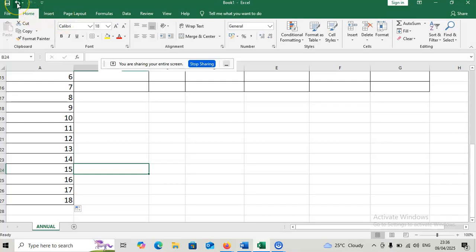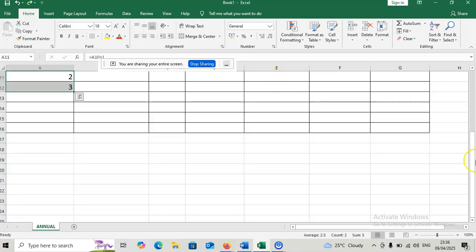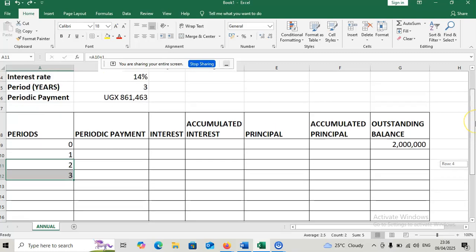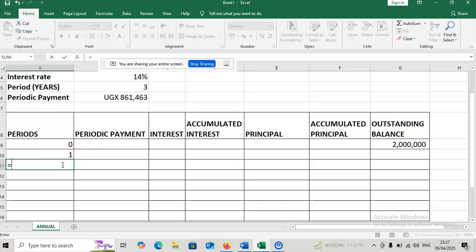Okay, so in a question, if they tell you you're supposed to repay the loan in 60 months, you don't have to fear that you're going to type in a lot. Just type in your formula, which is: you first type in the 1, then under here you say equal sign, select the above cell, add a 1. Okay, yes, since you're only needing 3, we shall stop there.